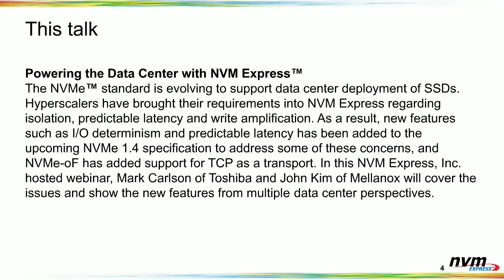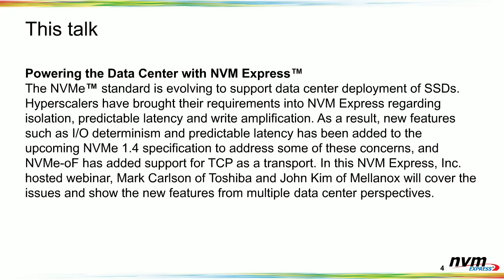Today's talk is about NVMe and changes for a modern data center protocol. It's about powering the data center with NVM Express. As you probably know, the NVMe standard is evolving to support data center deployment of SSDs. Hyperscalers have been bringing their requirements and their requests to NVM Express regarding things such as performance isolation, predictable latency, write amplification, better management of flash endurance, and so forth.